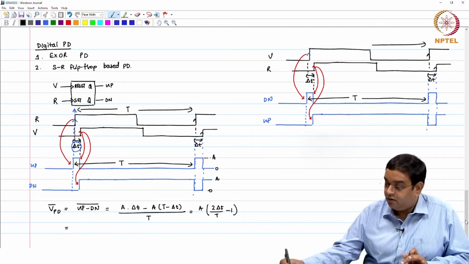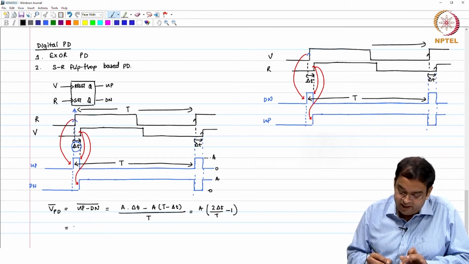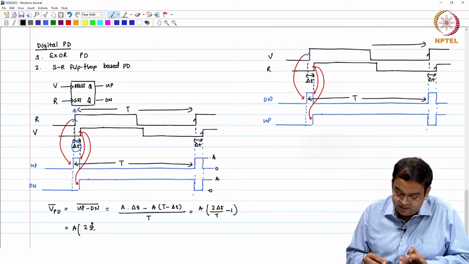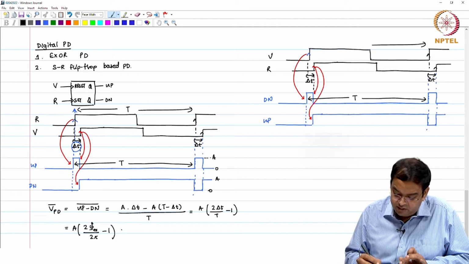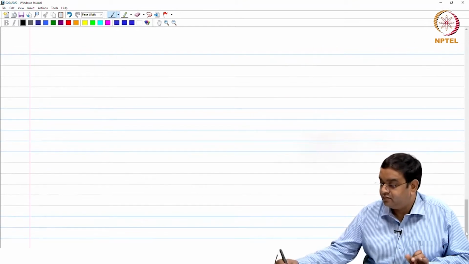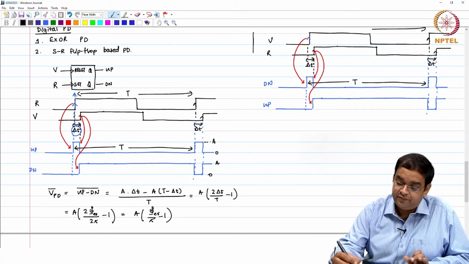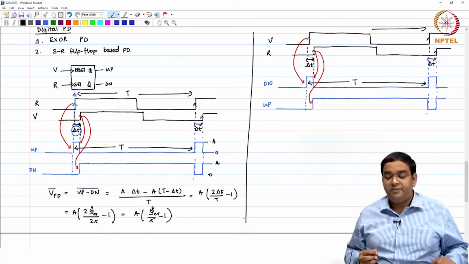Okay. Now, delta t by t can be written in terms of the phase error. So, what you have here is 2 times phase error by 2 pi minus 1, which is A times phase error by pi minus 1. Okay.